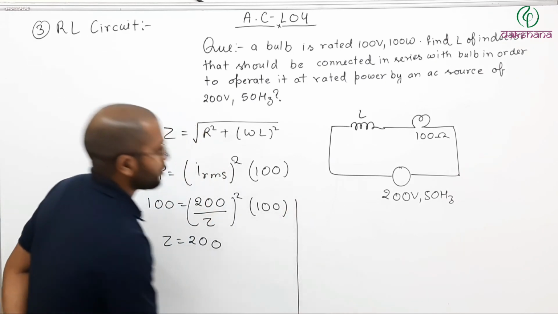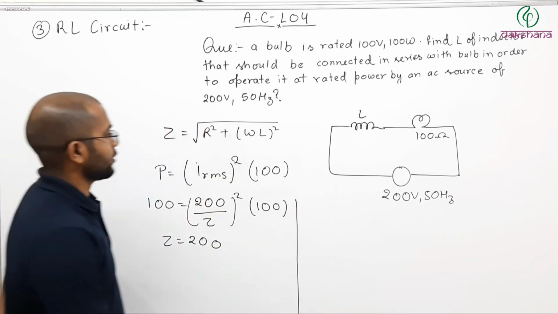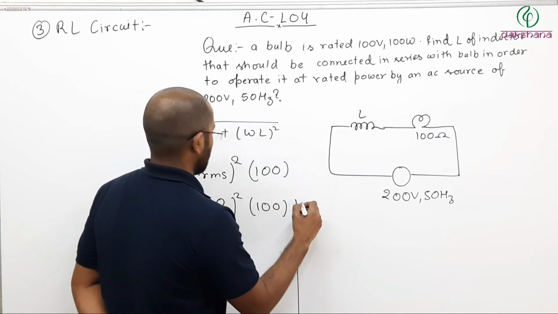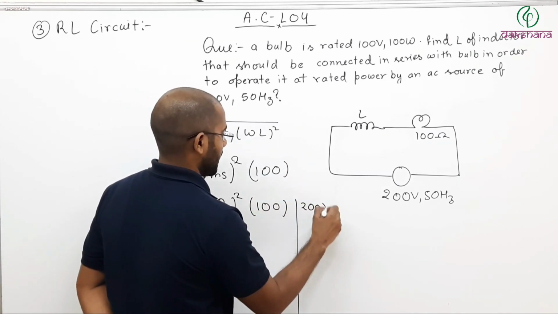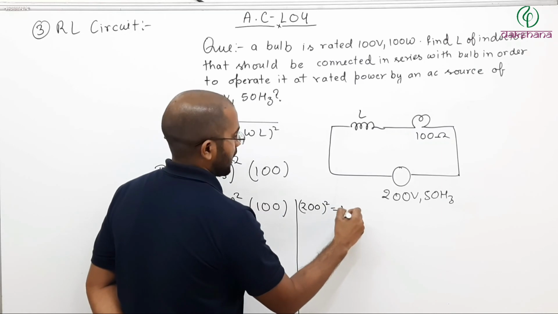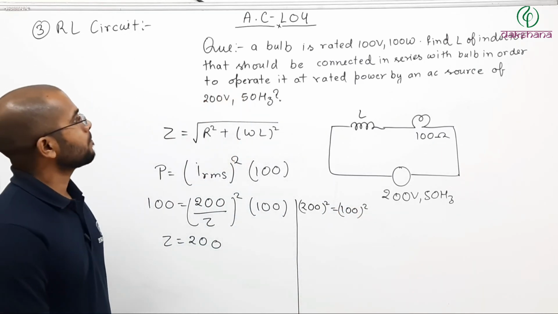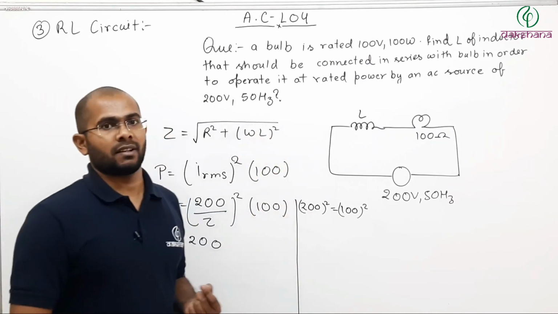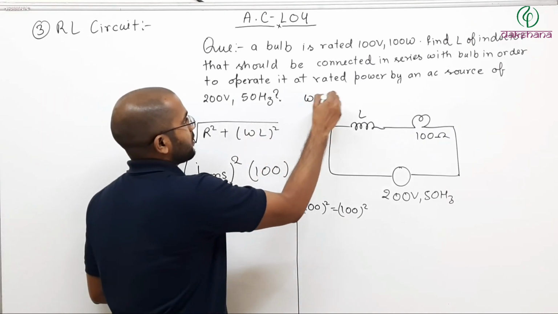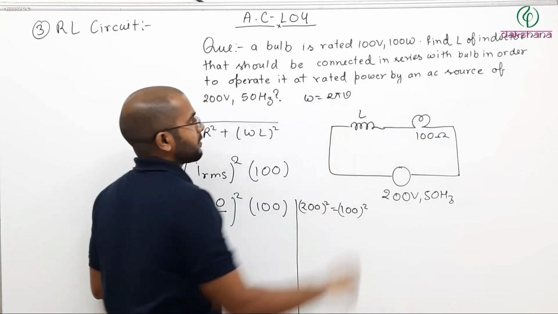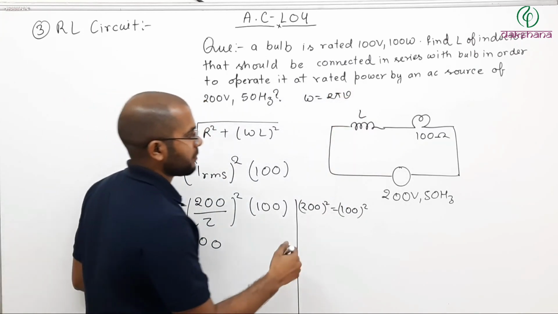Now, with the impedance being 200, let us find out how much is omega L. So 200 square equals R, which is 100, square. And what is omega? Omega is not given, but frequency is given. So omega is nothing but 2 pi times frequency. So omega is 100 pi.